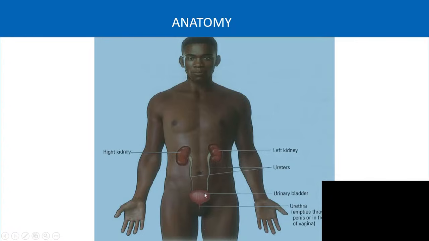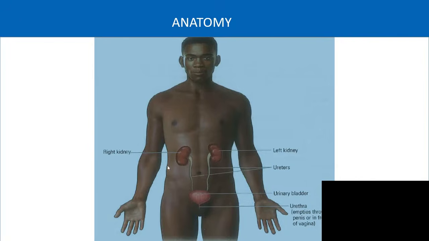This is the urinary bladder. This is the urethra. So what will the patient examine using the cystoscopy? Bladder, perfect.